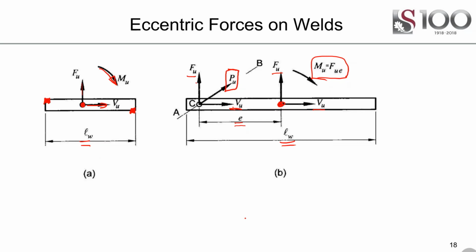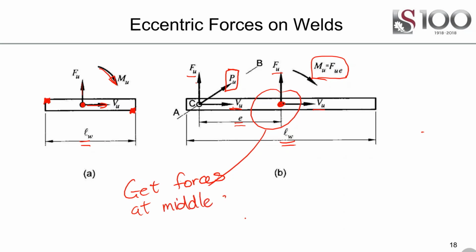Always when designing with welds, take everything to the middle of the weld and then start from there. Irrespective of where the forces are, just get the forces acting at the middle. Get forces at the middle of the weld, always. And it'll make your life a lot simpler when it comes to the design.